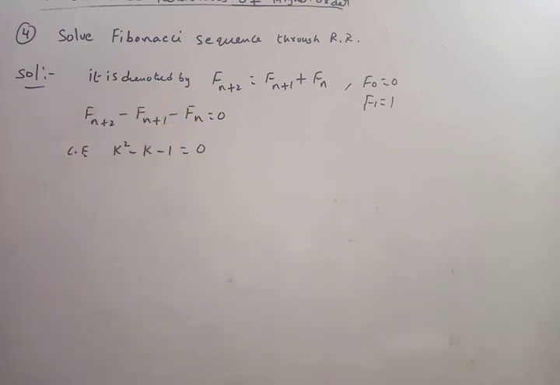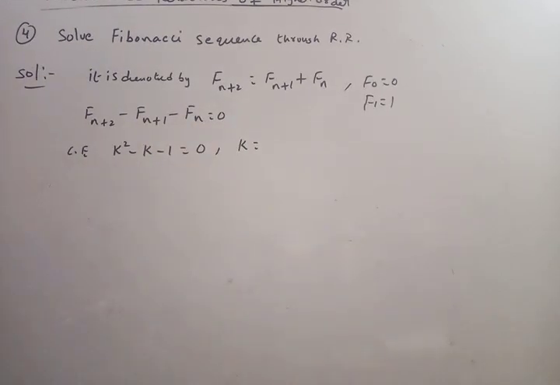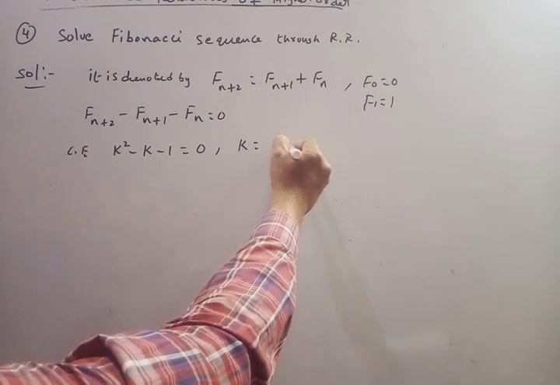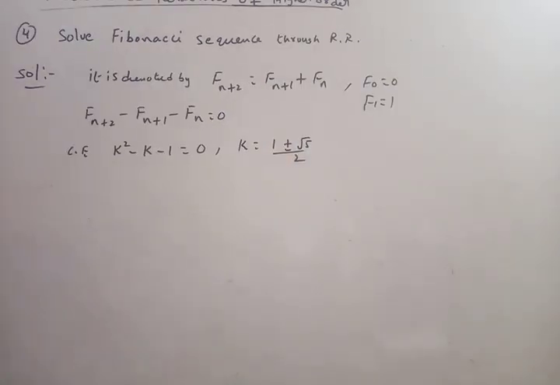Using the calculator, what do I get here? I am getting k is equal to 1 plus or minus root 5 by 2.